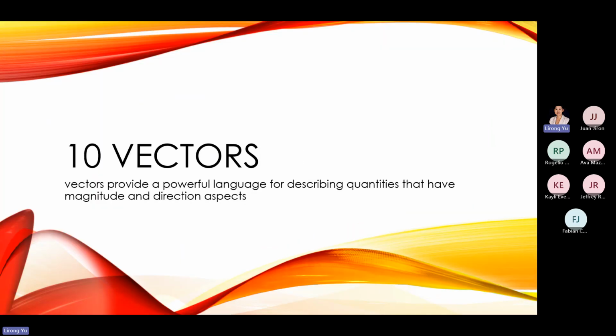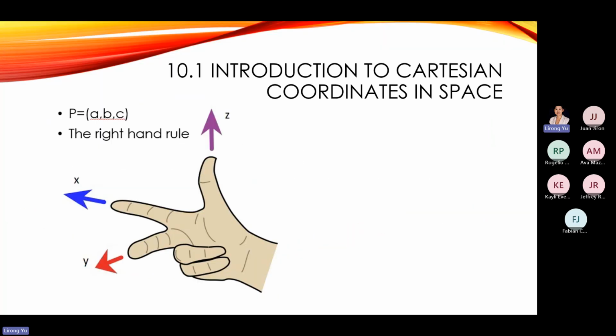So let's talk a little bit more about the three-dimensional coordinate system that we started yesterday. Hopefully it makes sense. Basically, the three-dimensional coordinate system is one step forward from the two-dimensional coordinate system, because two-dimensional is more limited to what you see on a piece of paper.